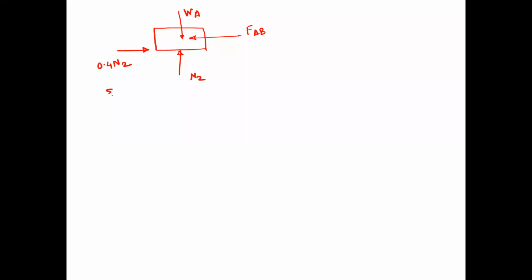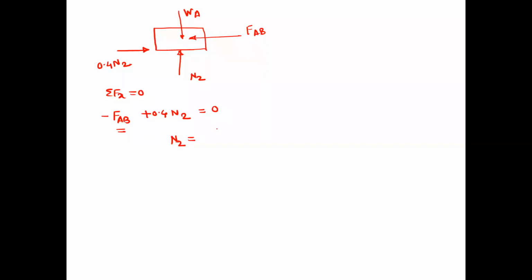So first use summation Fx = 0. For summation Fx = 0, we have minus FAB plus 0.4 N2 equal to 0. Okay. So FAB we have just found out. So from this, get the value of N2.